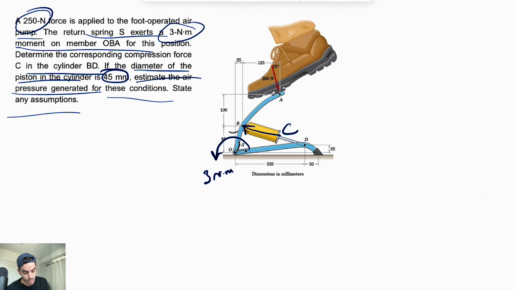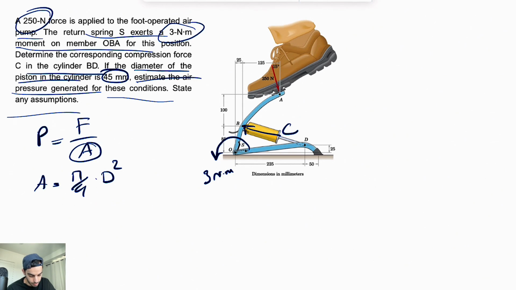So first thing that is kind of new in this question is that we are asked to find the pressure as opposed to force, and we know pressure is force over the area. And since we have the diameter, we have a cylinder, so the area would be pi divided by 4 times the diameter squared. So we should be able to find the area pretty easy since we have the diameter, 45 millimeter, and based on that we can find the pressure.